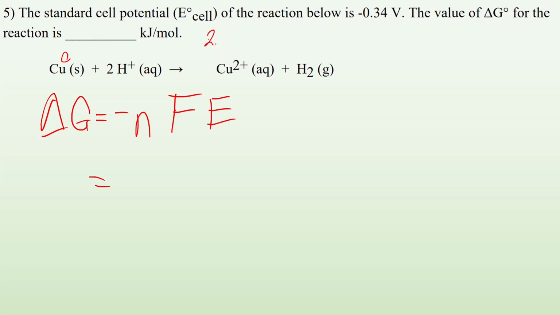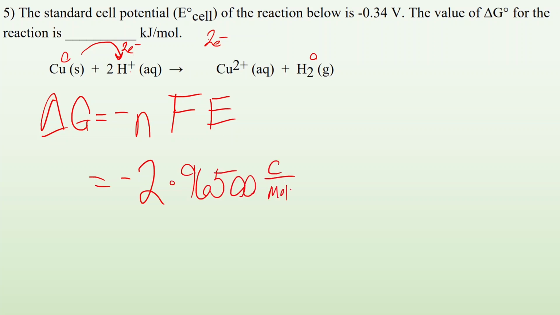So I know that's a 2 electron process. 2 H pluses becomes H2O. So it looks like copper's losing 2 electrons and giving them to the H pluses. So it's 2 moles of electrons times that 96,500 coulombs per mole volts times a negative 0.34 volts.